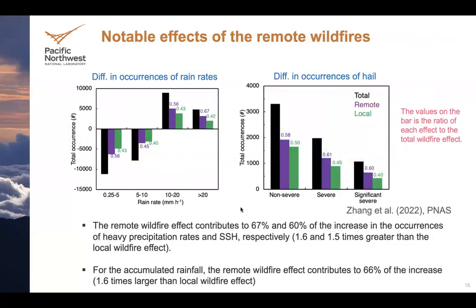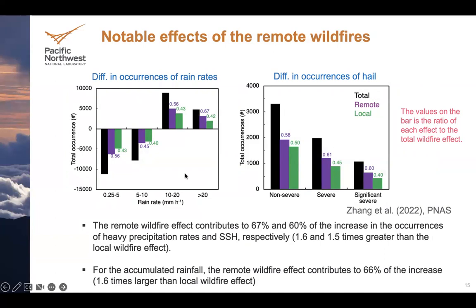Then we further look into the respective role of the remote and the local wildfire. The number on the bars is the ratio of each effect to the total wildfire effect. As we see here, the remote wildfire effect contributes 67% and 60% of the increase in the heavy precipitation rates and the significant severe hail, respectively.